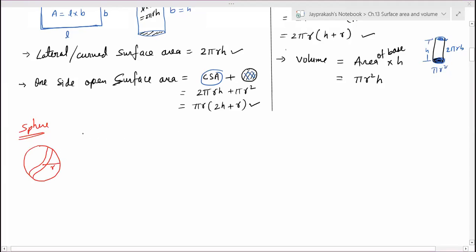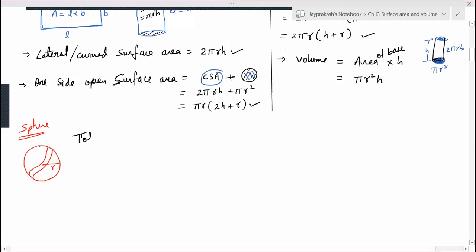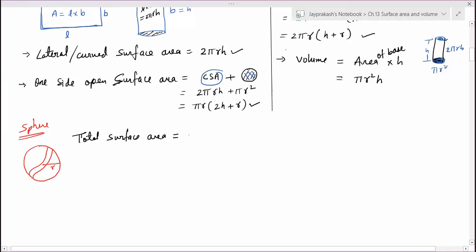So we will write here total surface area will be 4 pi r square. If anyone asks you what is the curved surface area of a sphere, same, 4 pi r square. Lateral surface area 4 pi r square. Total surface area 4 pi r square.